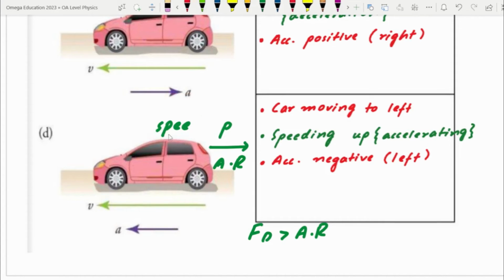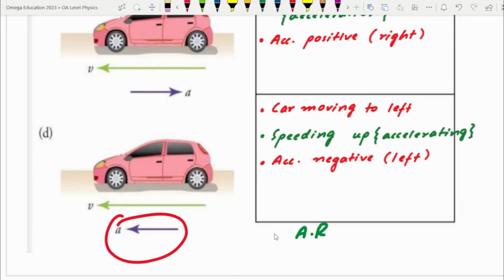Now the other thing is, let's say they have given you the direction of acceleration and the direction of motion. You can see from here that the direction of motion is towards the left side, and the acceleration is also towards the left side.